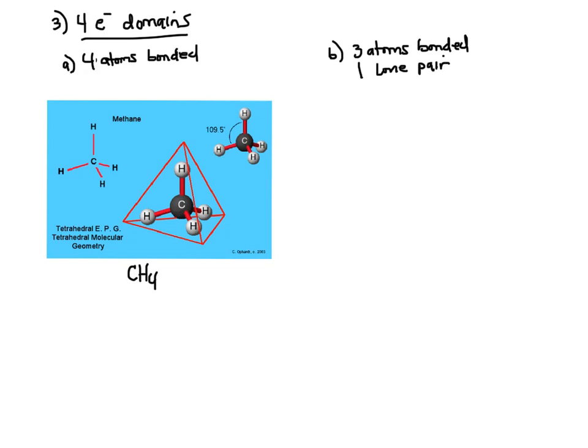An example of a molecule with 4 atoms bonded is carbon tetrahydride, also called methane sometimes, so CH4. Your carbon is your central atom, and there are 1, 2, 3, 4 atoms bonded to it, which makes 1, 2, 3, 4 electron domains. All of them are bonded, and there are 0 lone pairs.